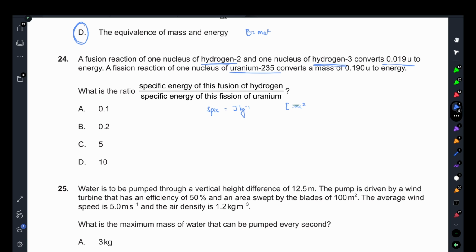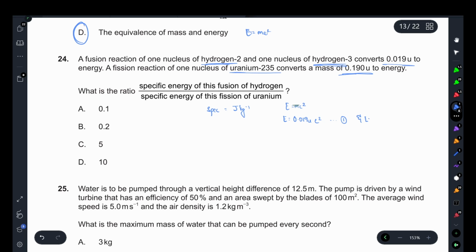Let's go ahead and find out how this works. Since we have 0.019 u, E is equal to 0.019 u c squared for the first reaction, and E is equal to 0.19 u c squared for the second reaction. So let's leave the c squared in u because we're looking at a ratio, so they'll get cancelled out anyway.